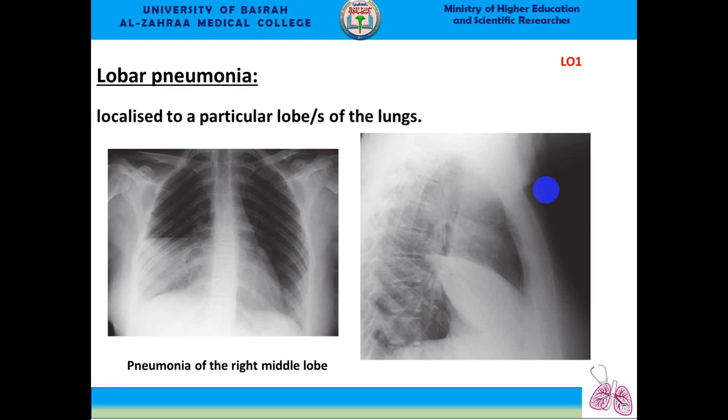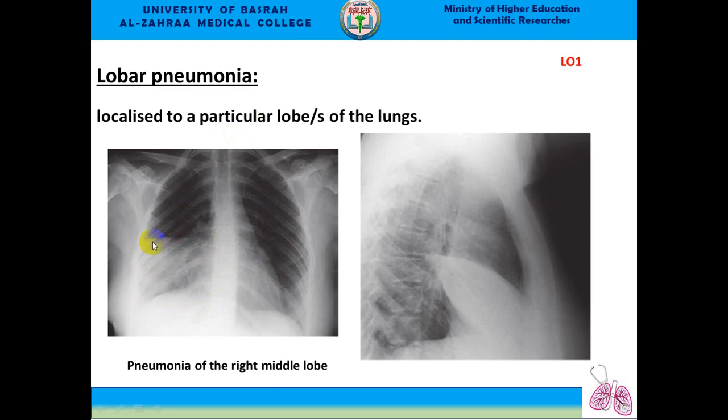And as the name lobar means, it is confined to a lobe of the lung. Only one lobe of the lung is affected. So it is localized to a particular lobe of the lung. And as you can see here, in this PA view of a chest X-ray, the right middle lobe is affected.